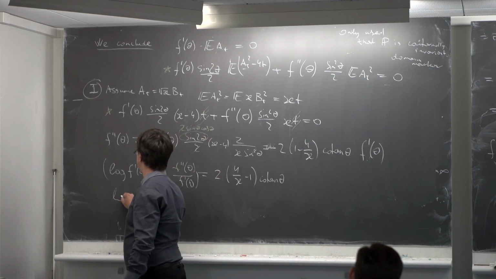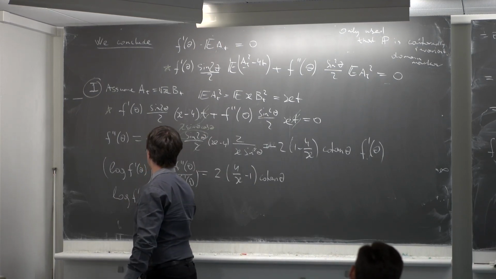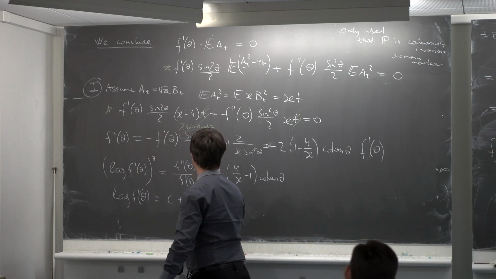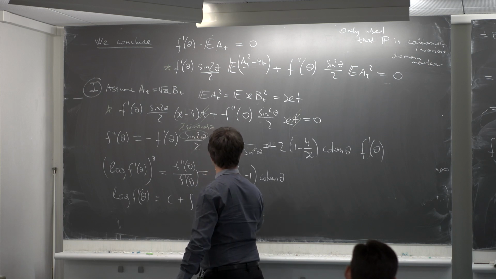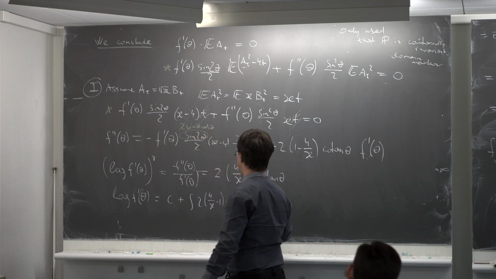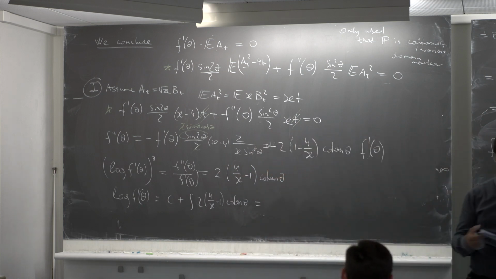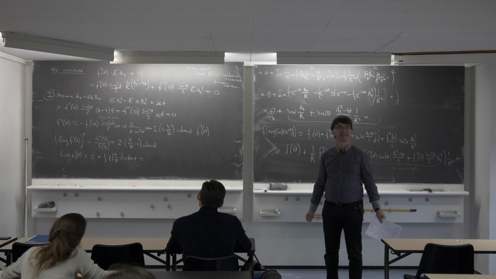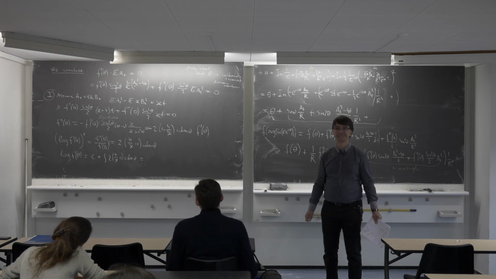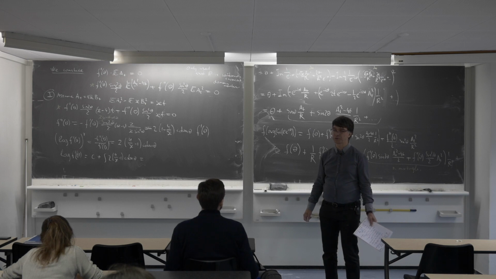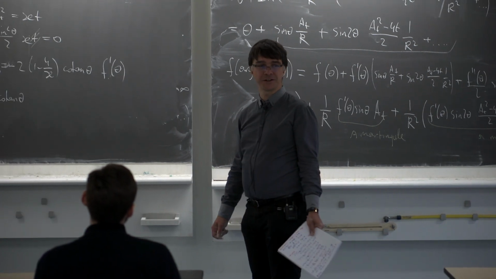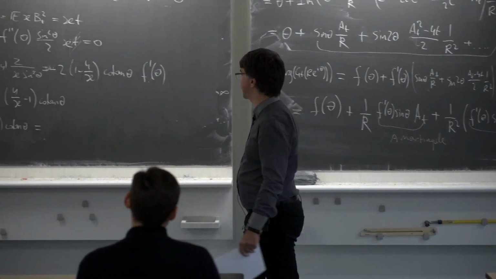That means that the logarithm of f prime of theta is a constant plus the integral of twice (4 over kappa minus 1) cotangent theta. Any chance someone remembers what the integral of cotangent theta is? Well, nowadays I can always look it up in some big book. I think it's the logarithm of sine.